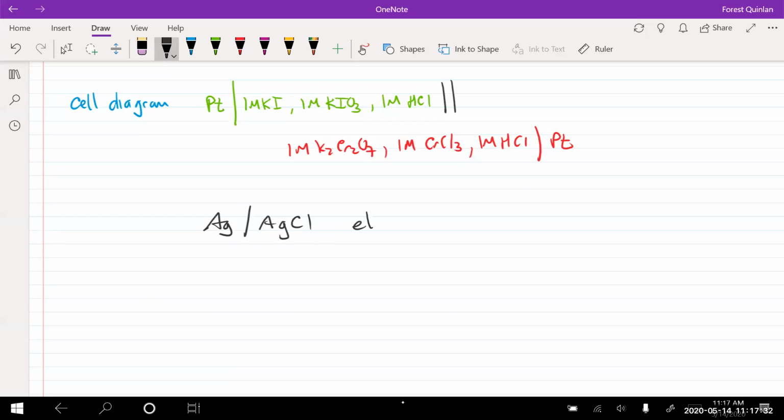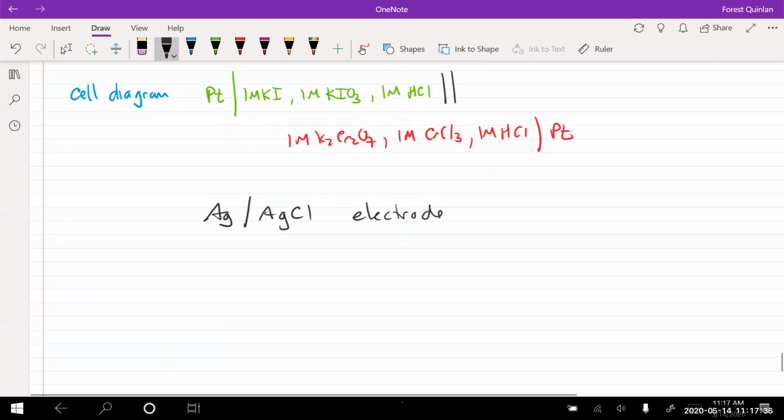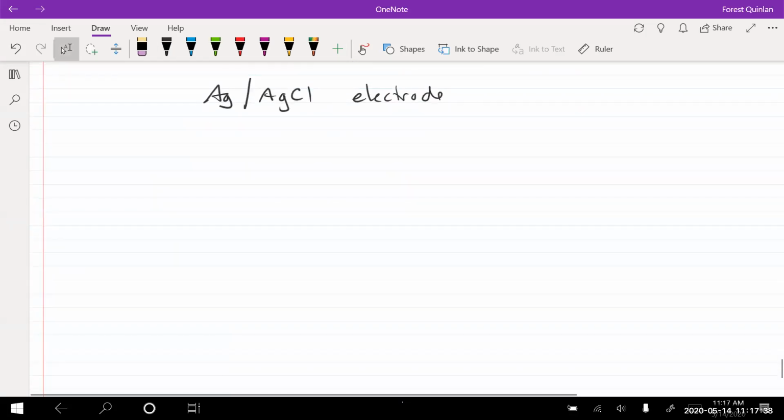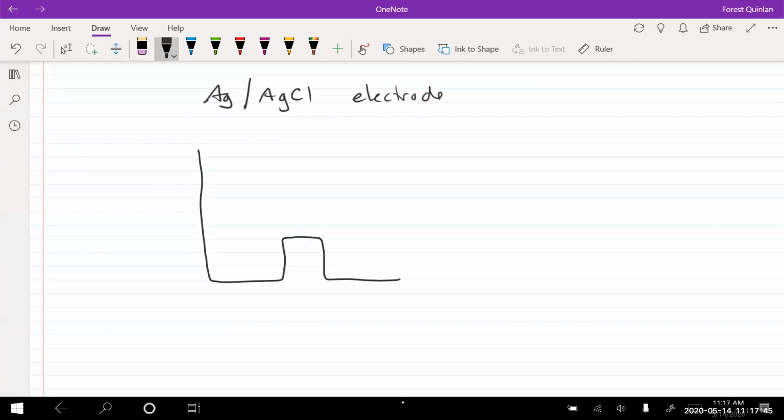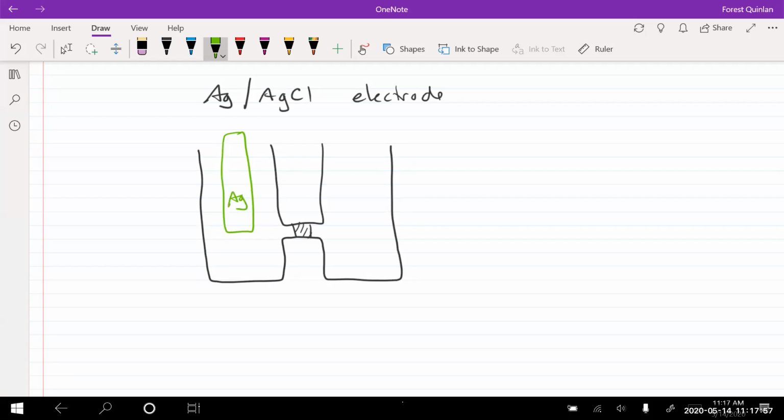Silver chloride electrode was our next one. We had silver on both sides.